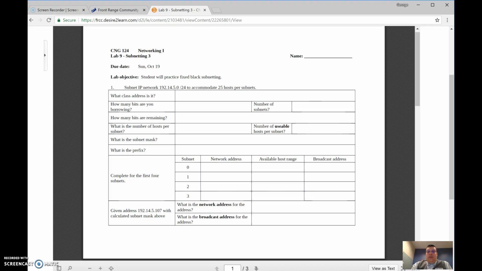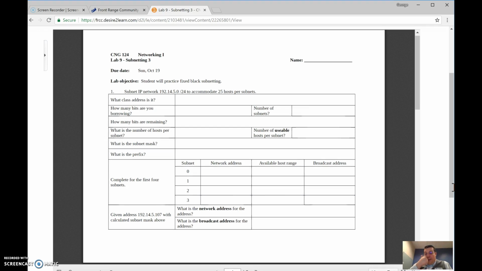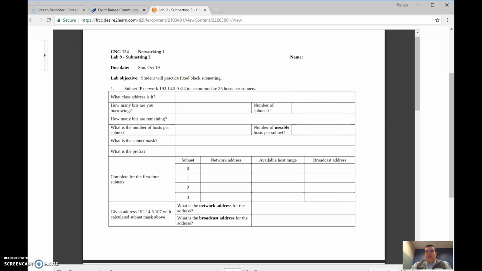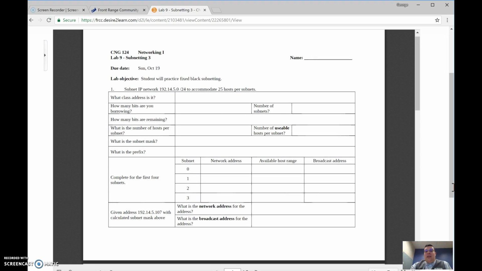The area here where it says 192.168.5.7, that is just an IP address, and you're trying to find the network address and the broadcast address for that IP address. In some cases it can be either one, a network or broadcast, but all it is is an IP address.